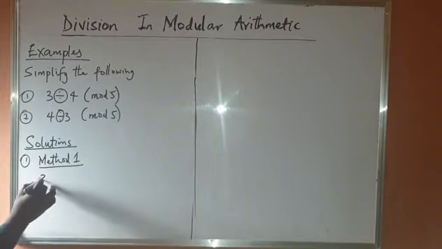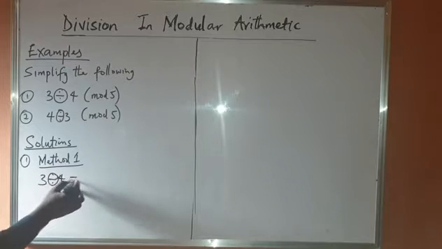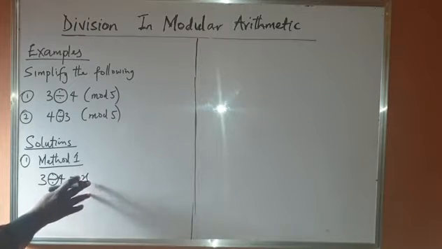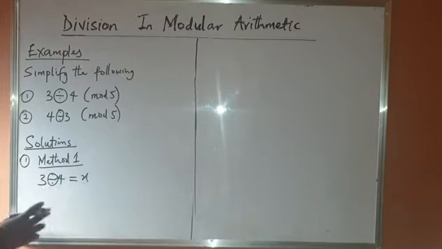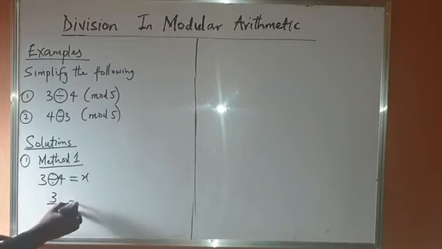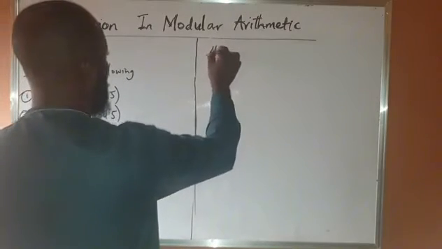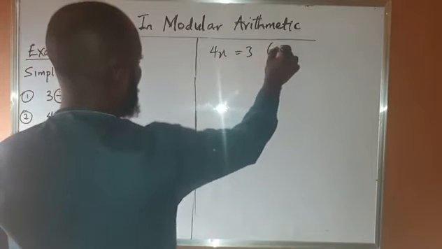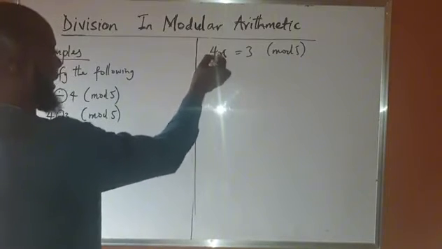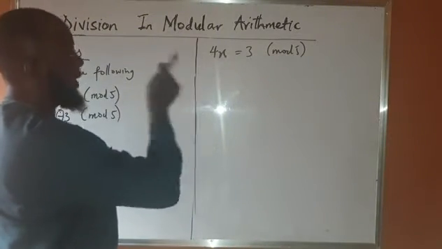We have 3 divided by 4. Let the answer be x, so 3 divided by 4 equals x. When we cross multiply, we have 4x equals 3 in mod 5. Next, for the coefficient of x here, we want a number we multiply by this 4 that will give us 1.